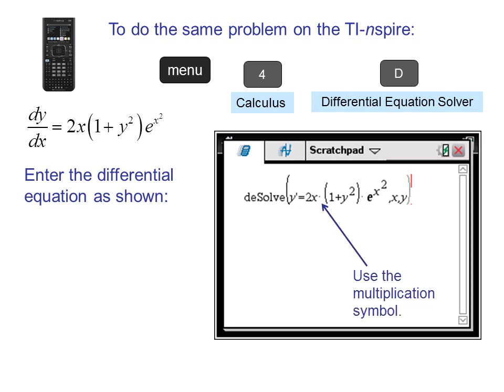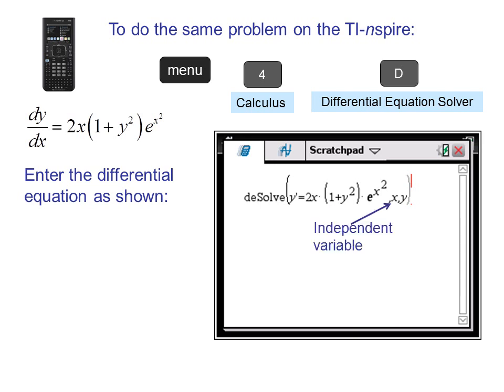We remember to use the multiplication symbol because when there's a variable in front of the parentheses, implied multiplication does not work. We use x as our independent variable and y as our dependent variable.